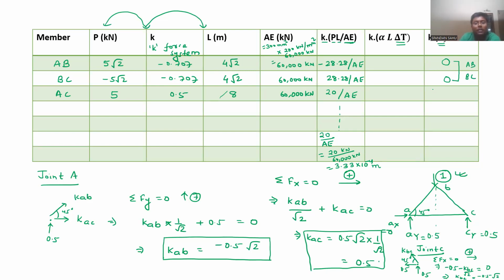And for member AC, you know the K value already, so 0.5, and it was 5 mm too short, means 5 by 1000 meter, and the complete value will be minus because it is too short.